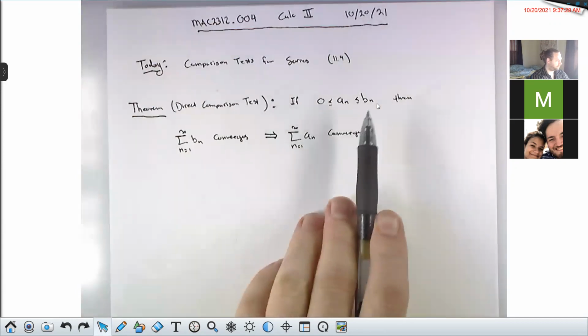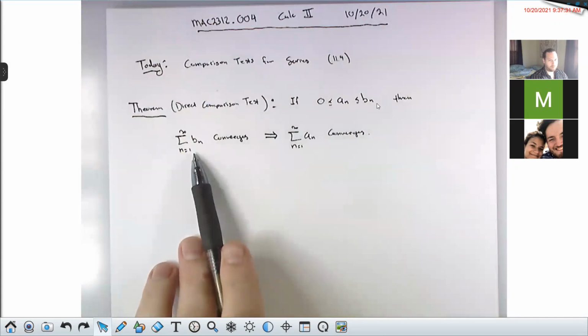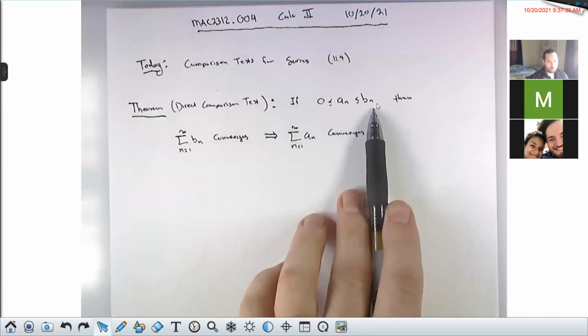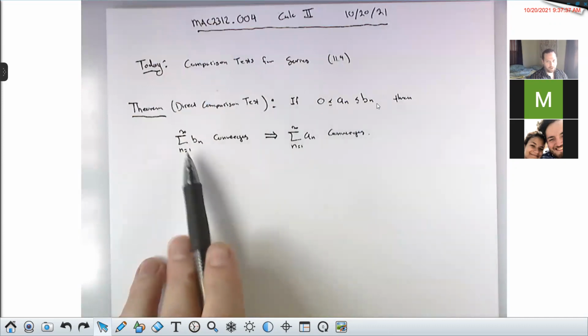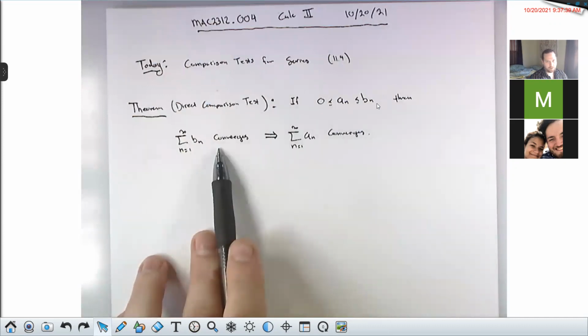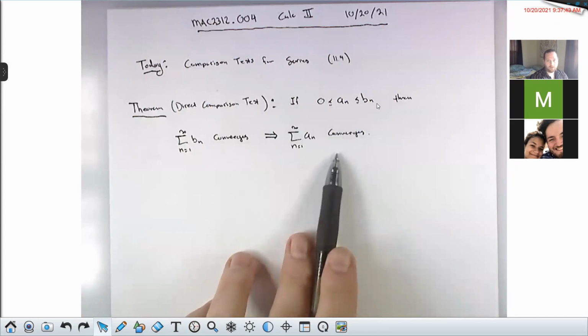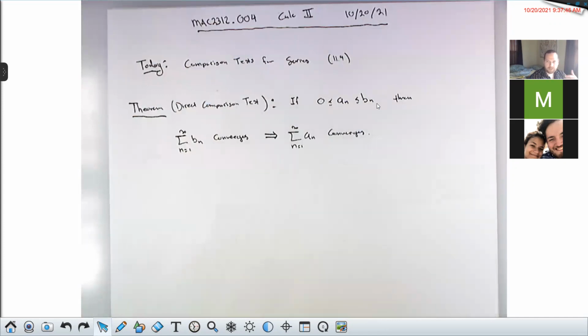So the sum of b_n here is the series made up of the larger terms. If the series with the larger terms comes out to be finite, then the series with the smaller terms must also be finite. This is like saying if you fit inside a finite box, you must yourself be finite.